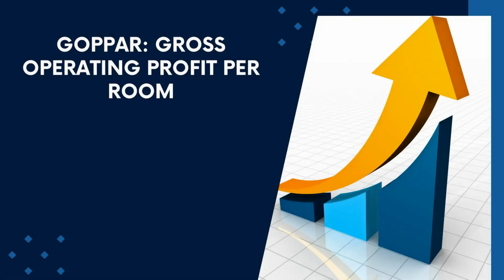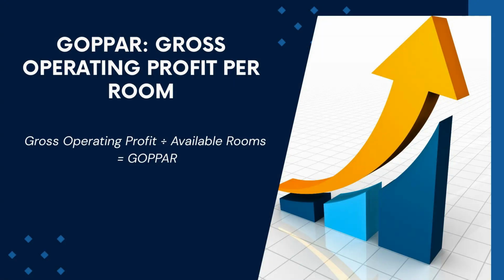GOPPAR, gross operating profit per available room. This one's not for the faint of heart, but it's worth a peek. GOPPAR measures profit after expenses. It's your gross operating profit divided by available rooms. That equals GOPPAR. And why it matters?